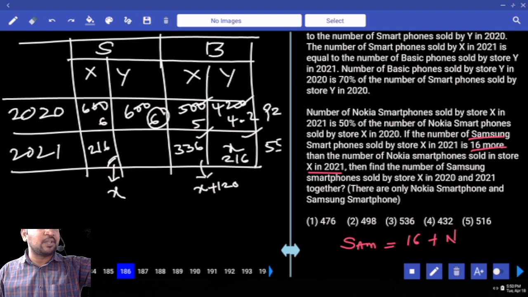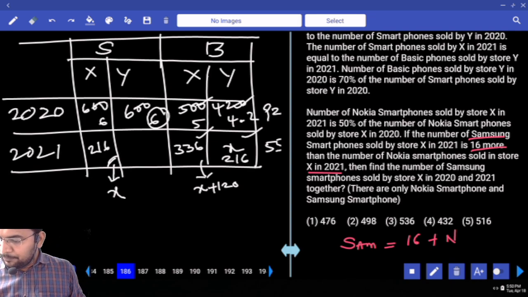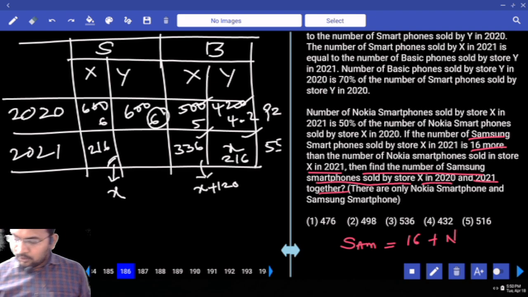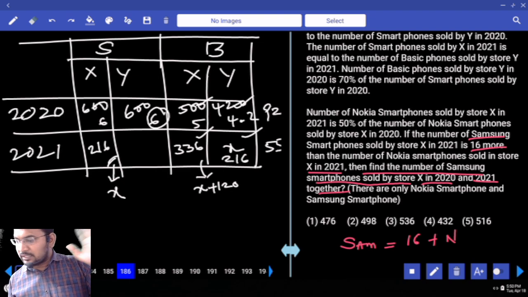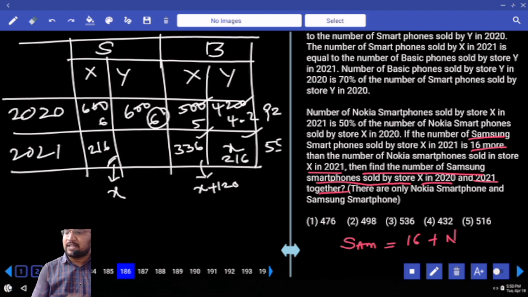They say 16 more, so we can write it directly. Next, find the number of Samsung smartphones sold by store X in 2020 and 2021 together. There are only Nokia and Samsung, only 2 types of mobile phones here.